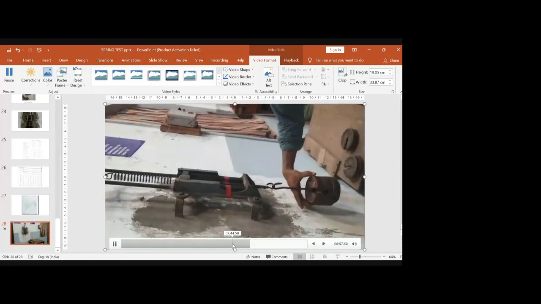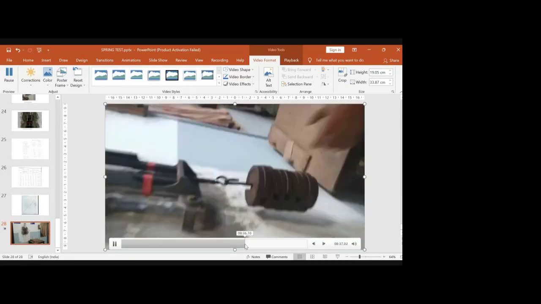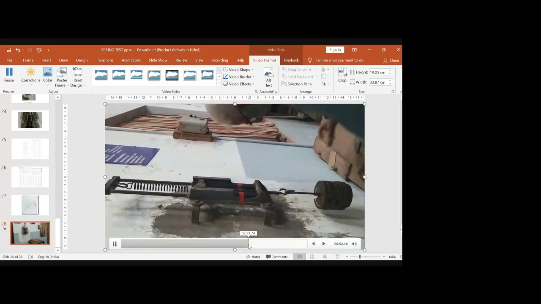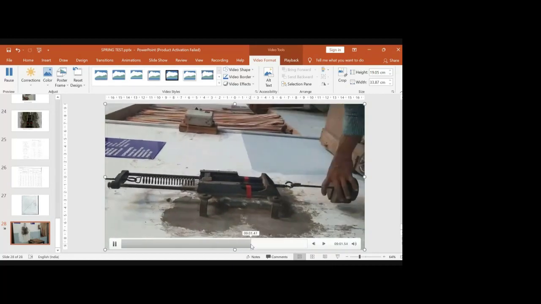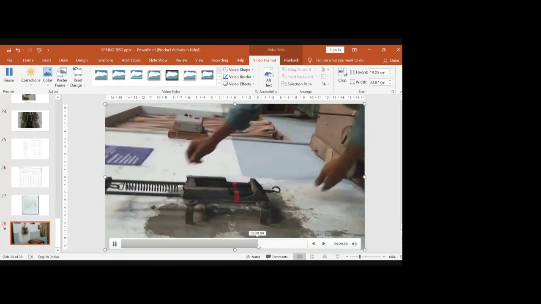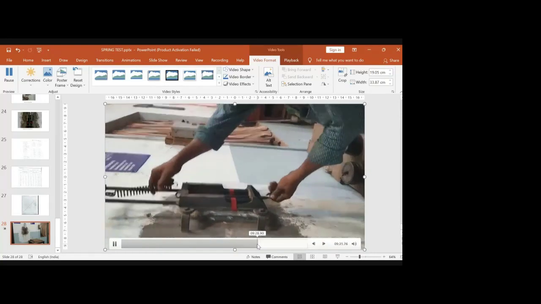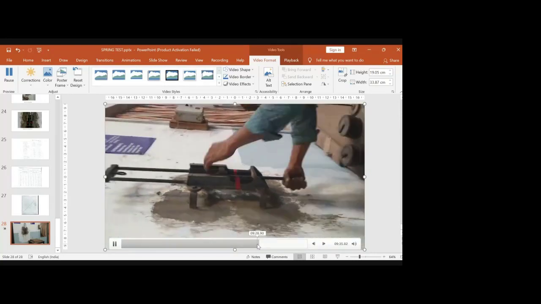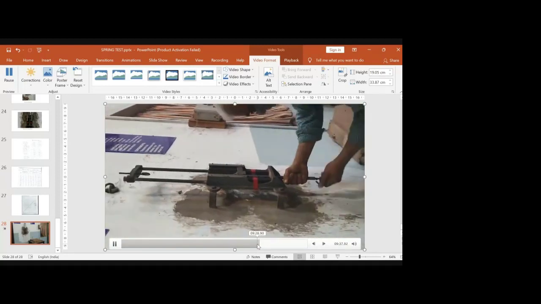Now, after taking off all the slotted weights, we have to go for the compression spring. See here, the extension spring is removed. Then for fitting the compression spring, we have to remove that hook.